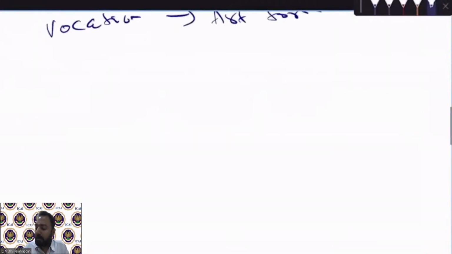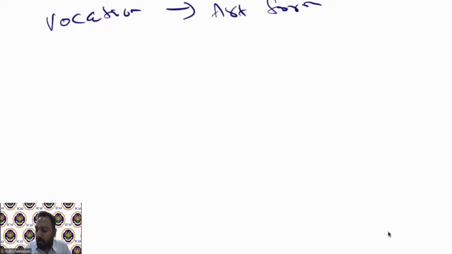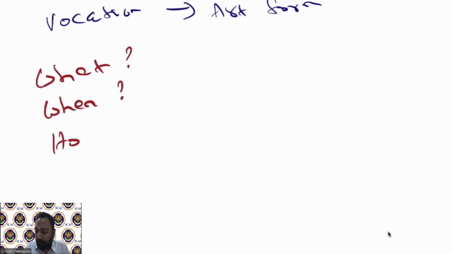So we are going to understand what is taxable, when is it taxable, and how much is taxable. We are going to understand these three questions across business and profession.